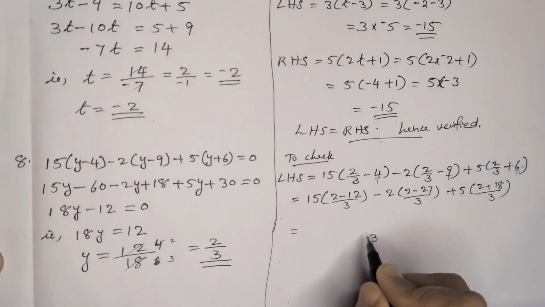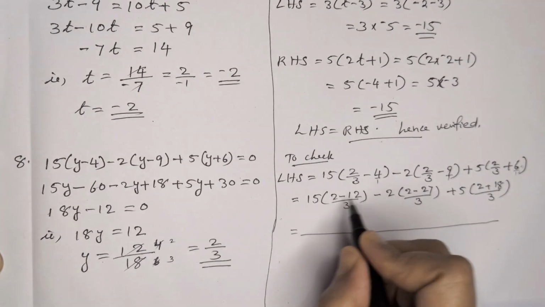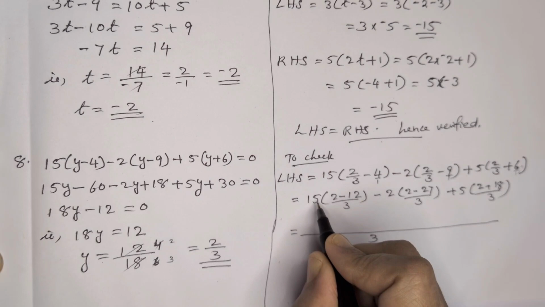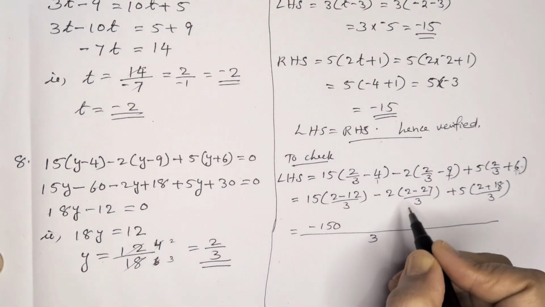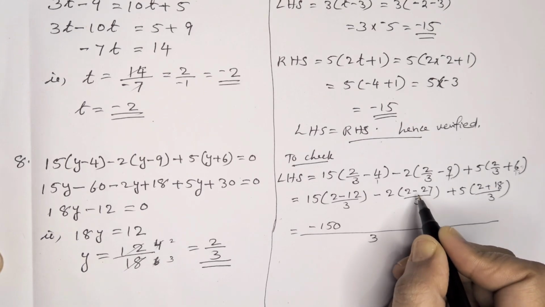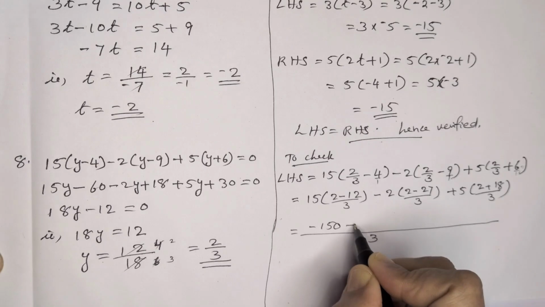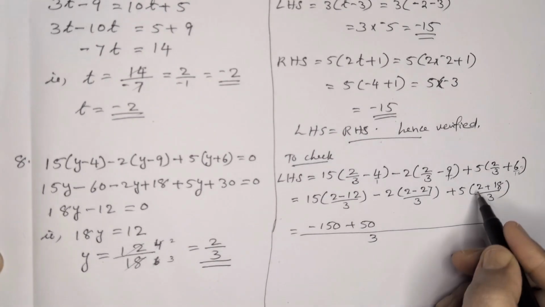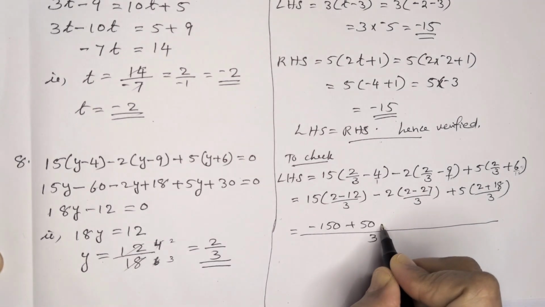Taking 3 as the LCM, here 2 minus 12, that means minus 10. Minus 10 into 15, minus 150. Here 2 minus 27, that is minus 25. Minus 25 into minus 2, plus 50. Here 2 plus 18, 20. 20 into 5, 100.